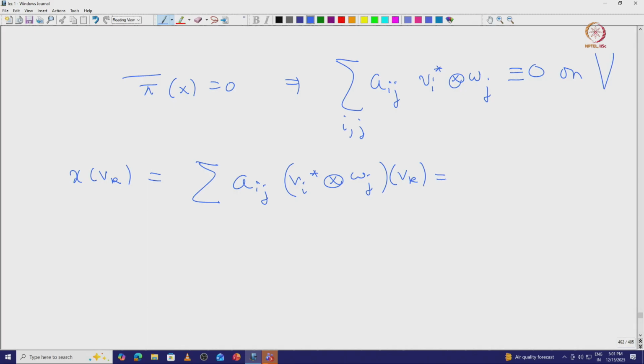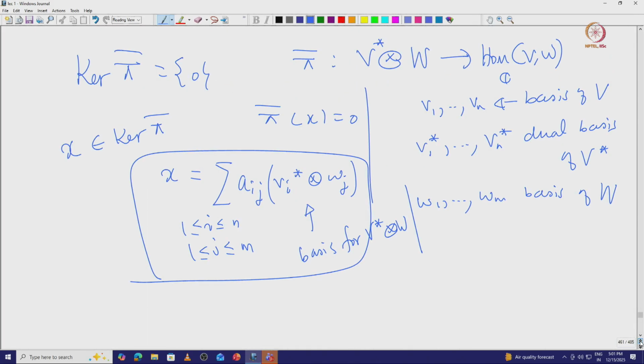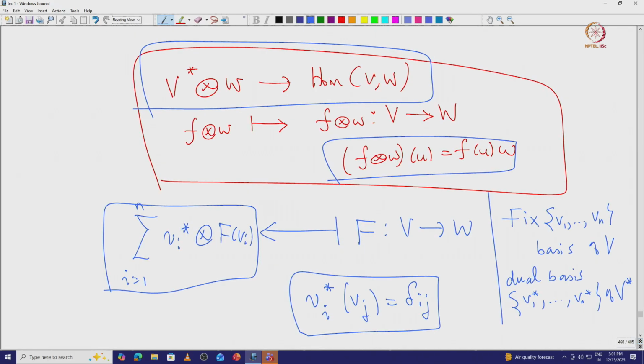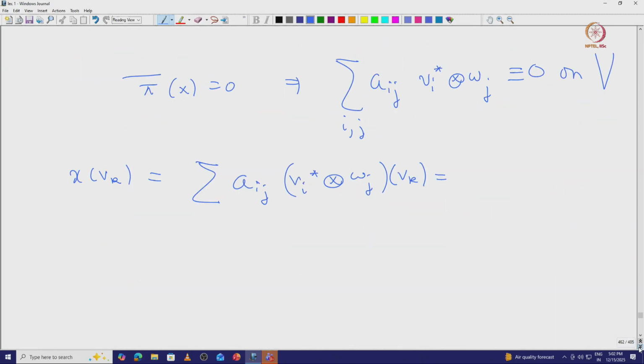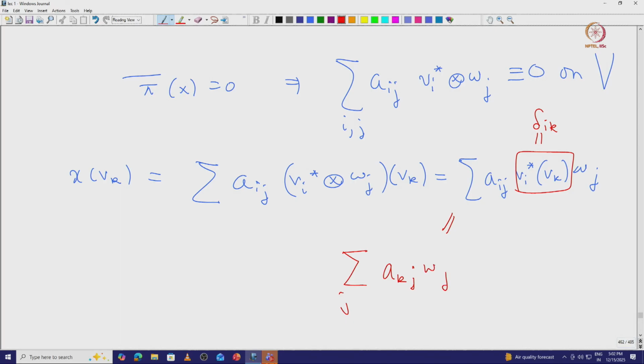Now you know already that the way we defined f tensor W, it tells us that f tensor W on u is f of u times W. So, that means this is going to be exactly the summation of A i j V i star applied on V k times W j. But note that this is nothing but the canonical delta i k. So, it is equal to 0 or 1 depending upon whether i equals k or not. Then this is exactly equal to the summation, when i equals k you get A k j, where j runs over, and then you get W j.